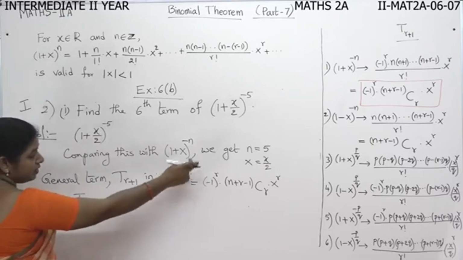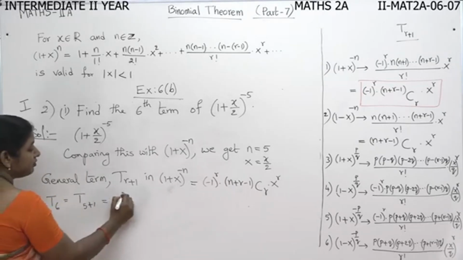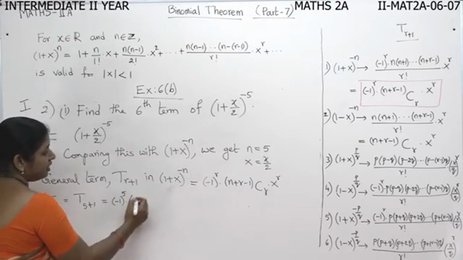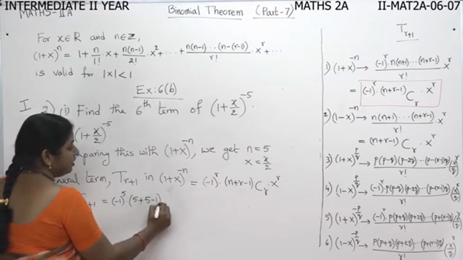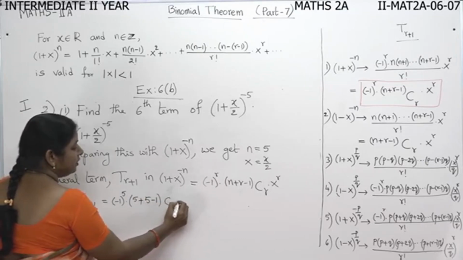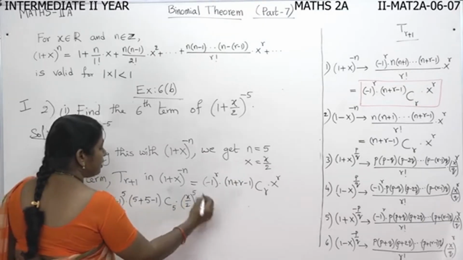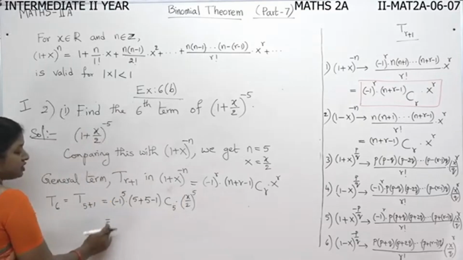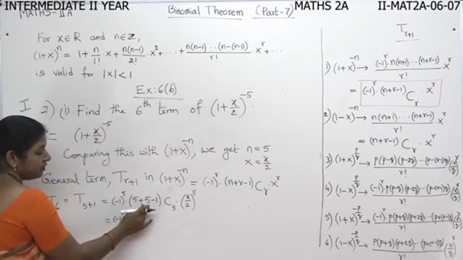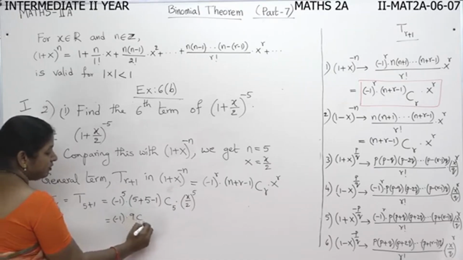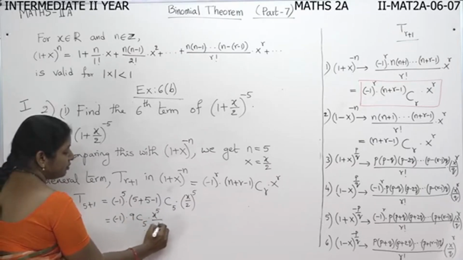Substituting all these values in the formula, we get minus 1 to the power of 5 into 5 plus 5 minus 1 c 5 into x by 2 to the power of 5. Simplifying, minus 1 to the power of 5 is minus 1, and 5 plus 5 is 10 minus 1 is 9, so 9c5 into x to the power of 5 by 2 to the power of 5.